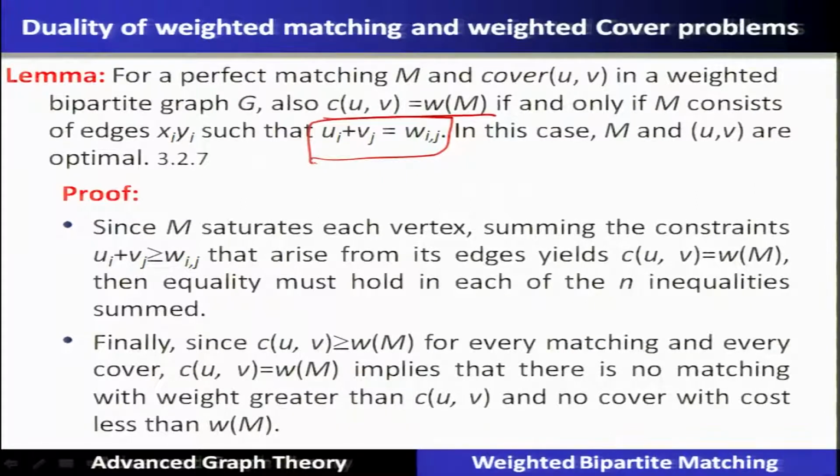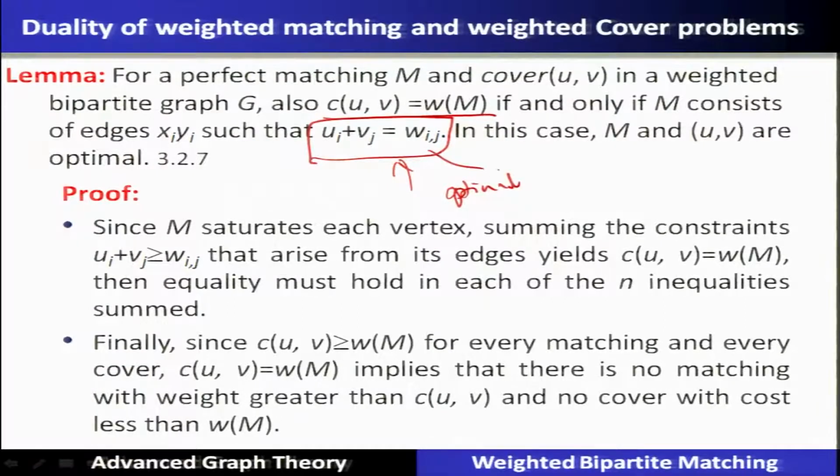Finally, C(u, v), that is the cover, is at least the weight of the matching for every matching and every cover. When the cover is equal to the weight of a matching, it implies that there is no matching with a weight greater than C(u, v) and no cover with a cost less than w(M). When this situation arises, it is an optimal situation.